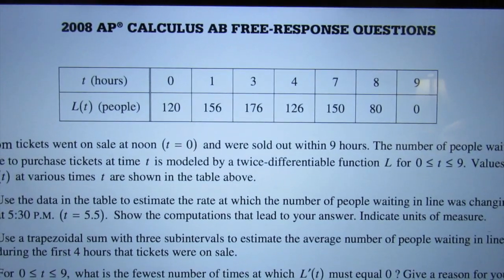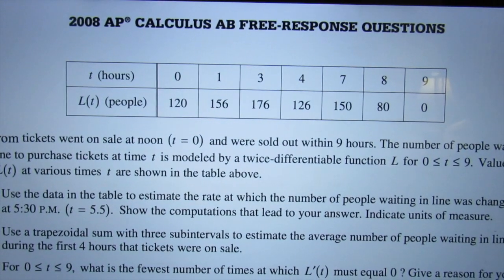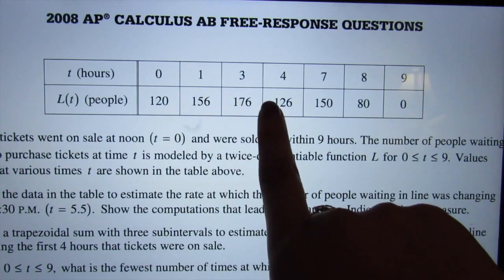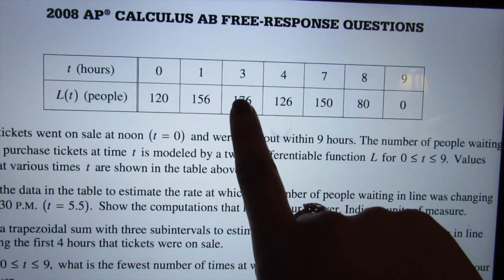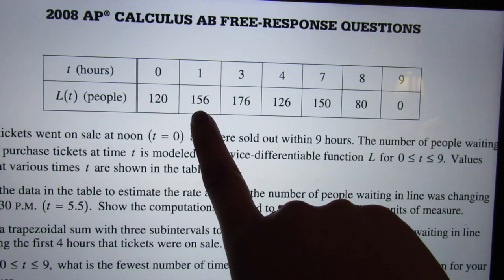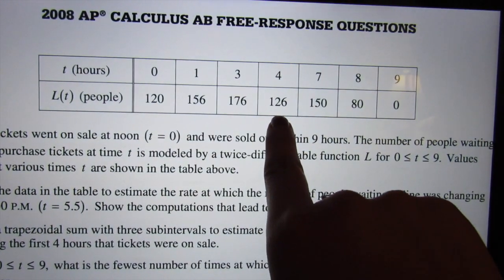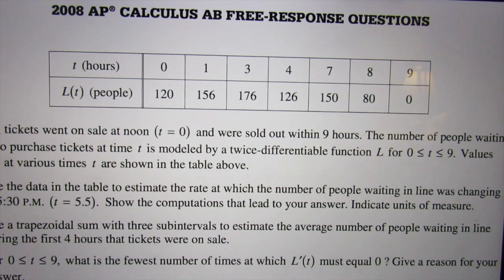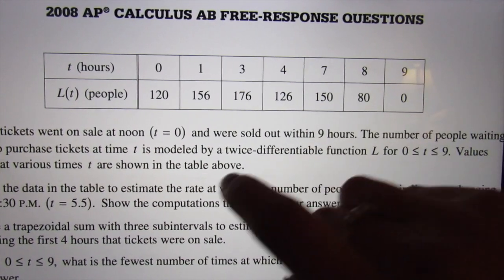In order to find the fewest numbers of times at which the rate of change can equal 0, we can look at hours 1 and 4. And notice that at hour 3, 176 people is greater than both 156 and 126 people. Therefore, at some point between hours 1 and 4, there must be a maximum.